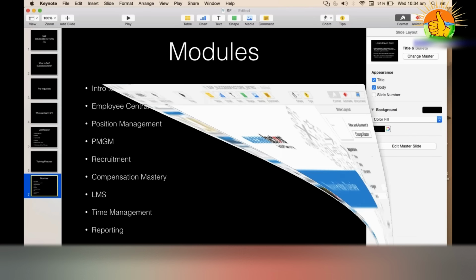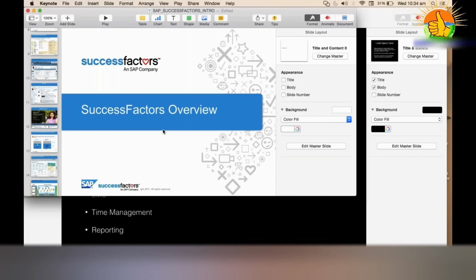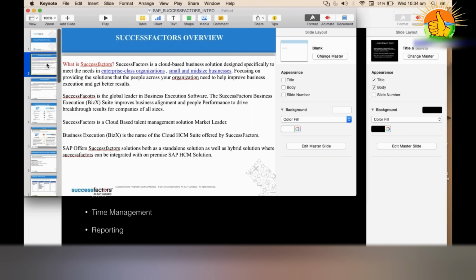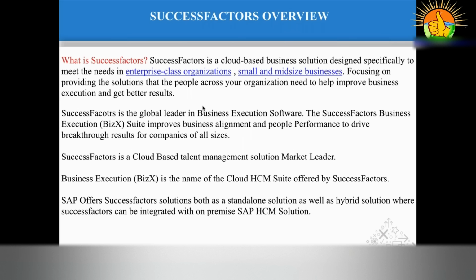So there's again some more introduction, some more information on SuccessFactors, whatever we had discussed in the initial classes. Let me quickly take you through the PPT as well. SF is a cloud-based solution which was designed to meet the enterprise class, small and mid-sized business. So even smaller organizations can use SuccessFactors for maintaining their business solutions.